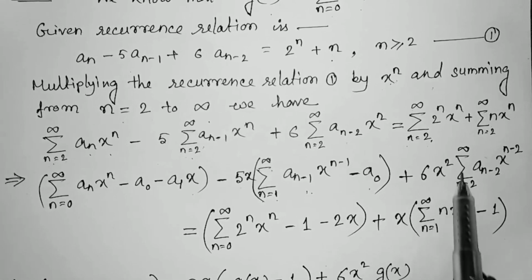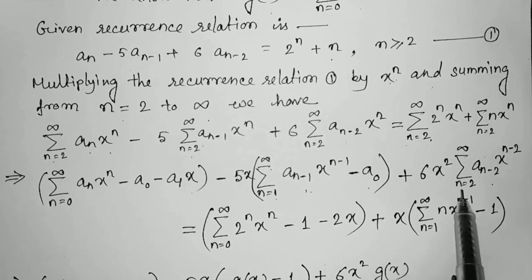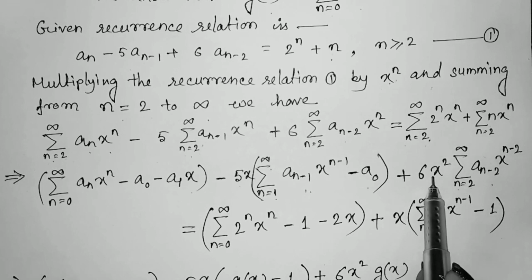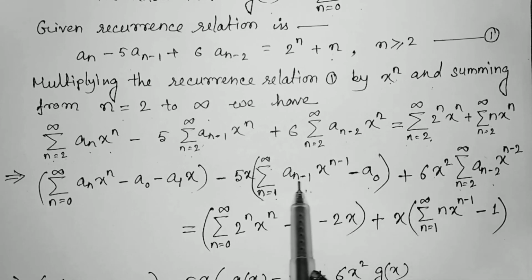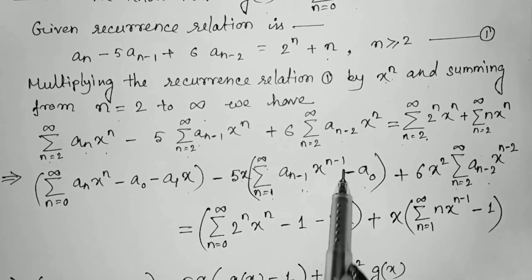Next it is the 6x squared term. Here no term will be extra, but as n from 2 to infinity is here, we should take x squared common. Similarly here we also take x common, so that it becomes x to the power n minus 1.